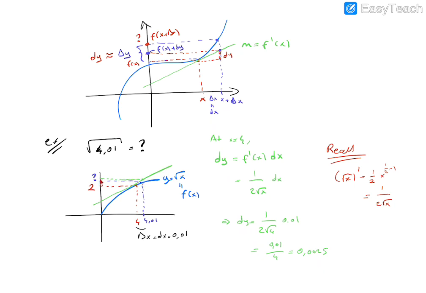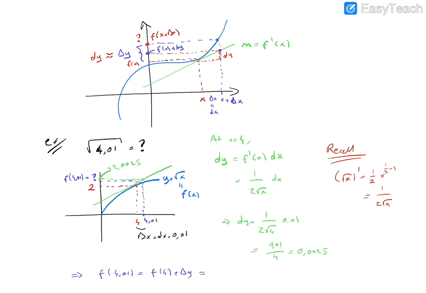So exactly that value is 2 plus 0.0025. Okay, so this value is 2.0025, which is approximately equal to, question mark, f of 4.01. So as a result, f of 4.01 exactly equals f of 4 plus delta y, the exact increment of y.